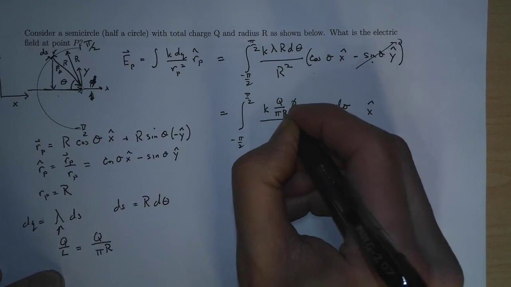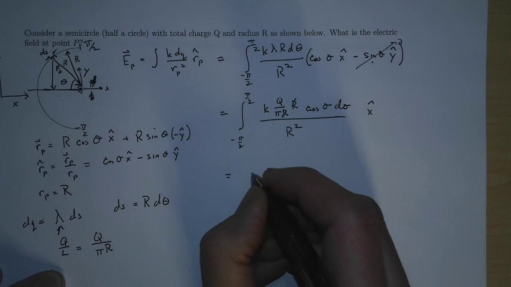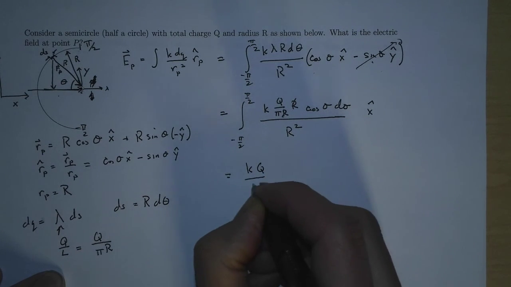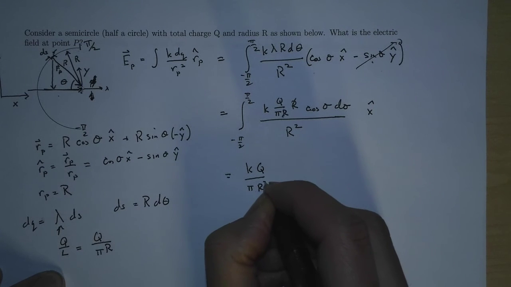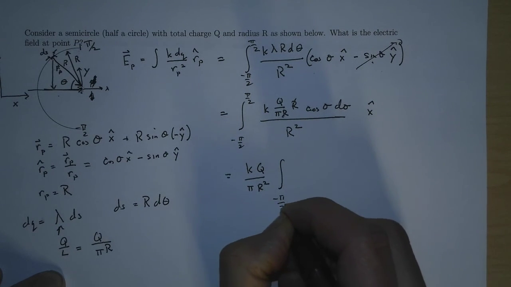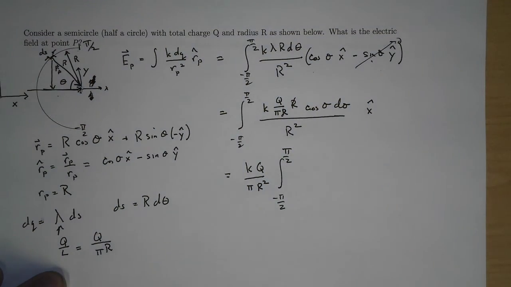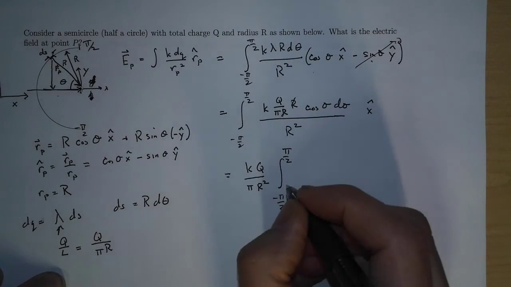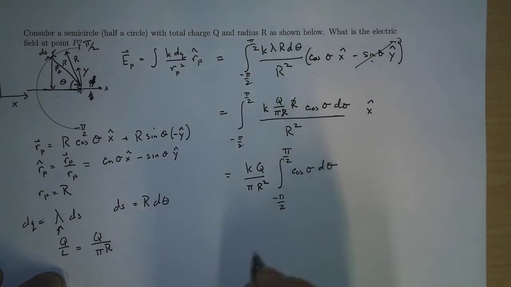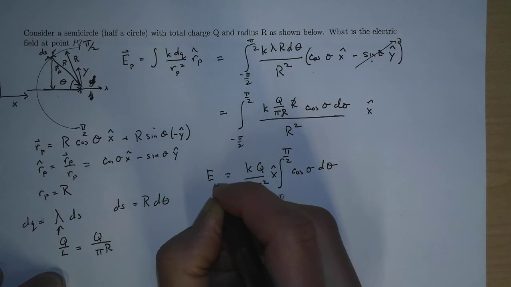This R will kill this R, and so what we're finally left with is k q over pi R squared, times the integral from minus pi over 2 to pi over 2 of cosine theta d theta, everything in the x hat direction.